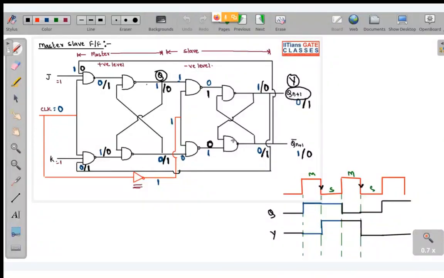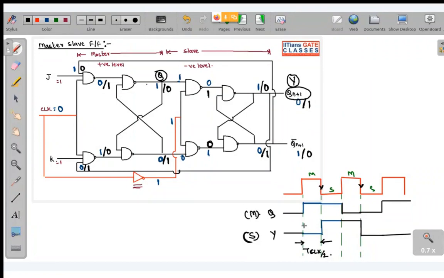Basically this is the output of the master and this is the output of the slave. The slave is following the master, but after a certain amount of delay. And what is that delay? Basically it is your half clock cycle, TCLK by 2.